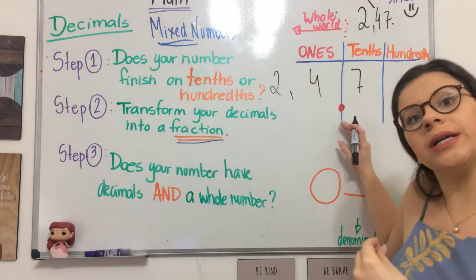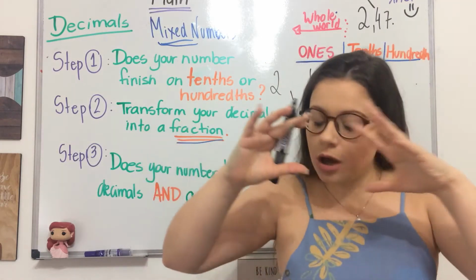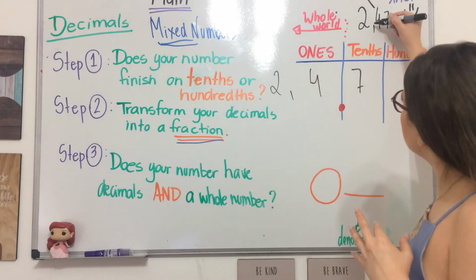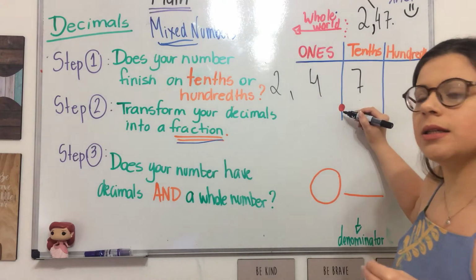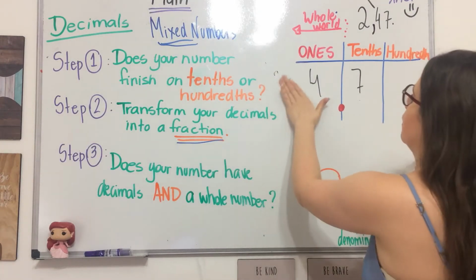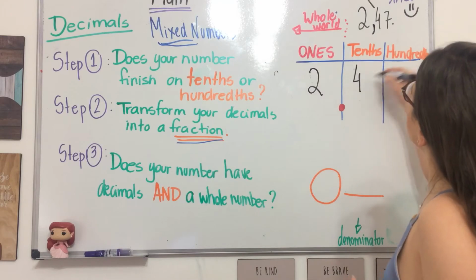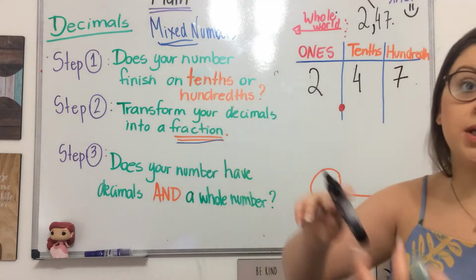Remember, the decimal point is a gate, a portal. It's not going to move, not even with the apocalypse. So your comma in the number is going to be in the same place as it is in the place value. So, 2.47.